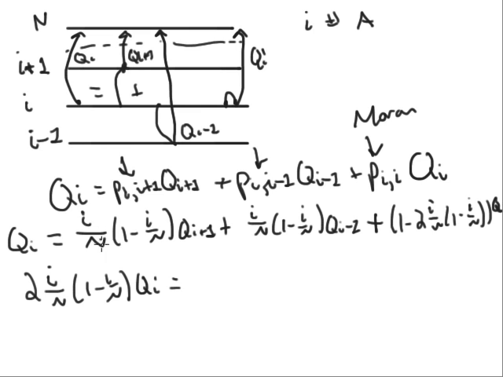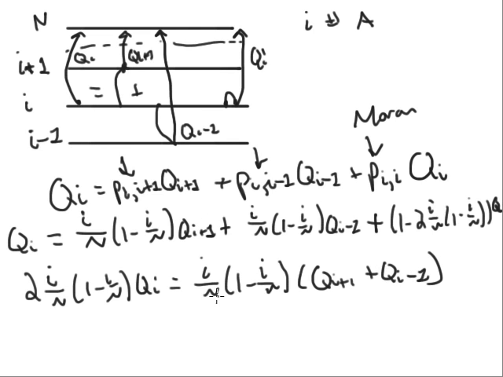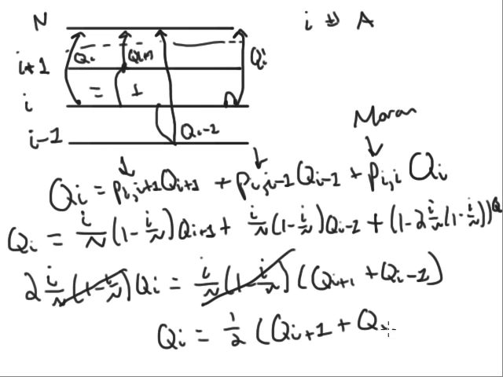And then we can factor out an i over N, 1 minus i over N. So i over N times 1 minus i over N times Qi plus 1 plus Qi minus 1. There's an i over N, 1 minus i over N on both sides. So we can cancel those. And we're just left with Q of i equals 1/2 times Q of i plus 1 plus Q of i minus 1.